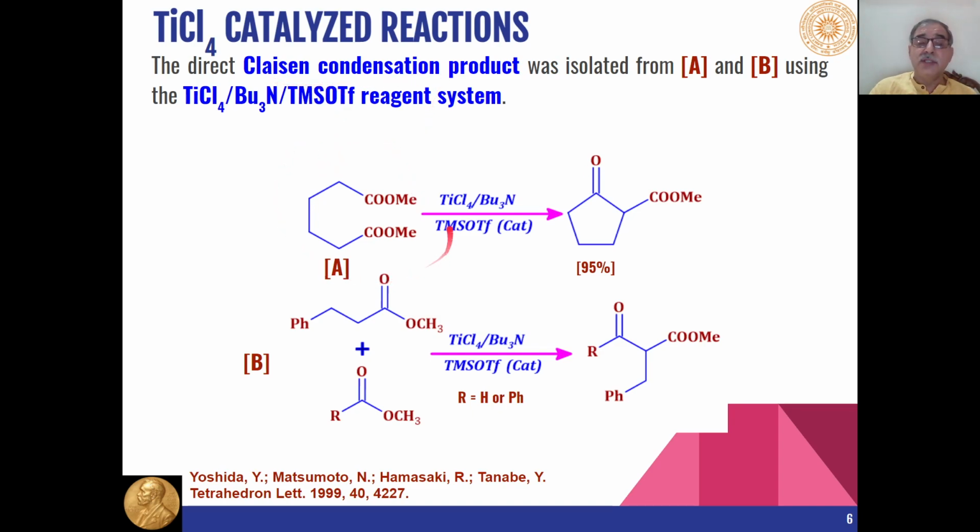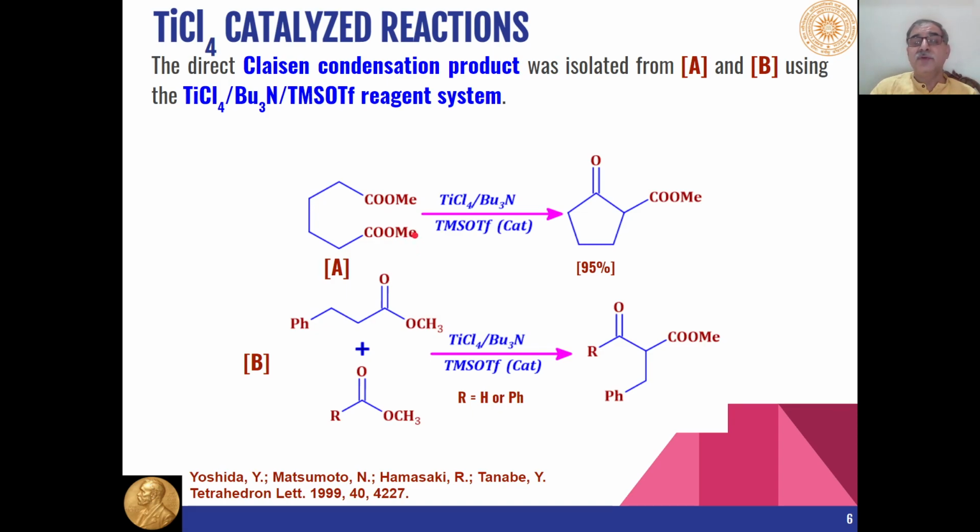For example, these types of diesters in the presence of TiCl4 and tributylamine, using trimethylsilyl triflate as catalyst, can be used for Dieckmann condensation, wherein one of the ester groups will act as a carbanion at the alpha position, and that will attack the carbonyl group of the other ester group with the removal of the methoxy group from here.